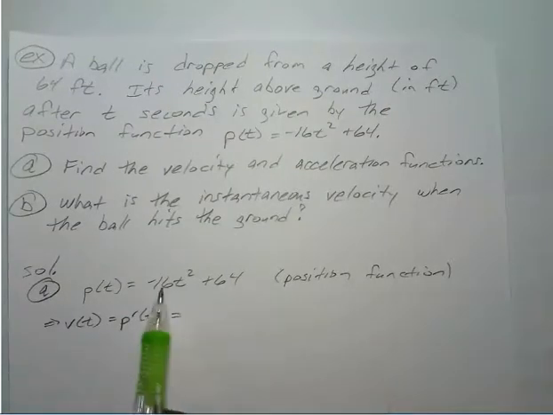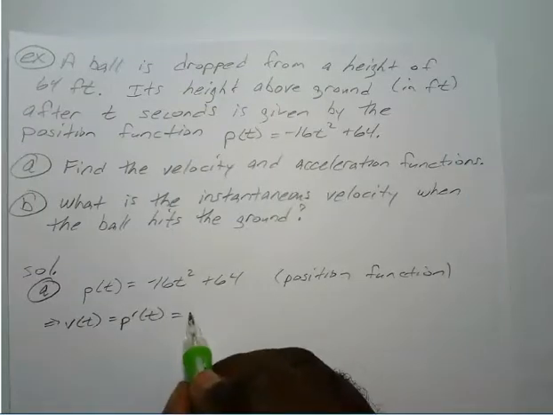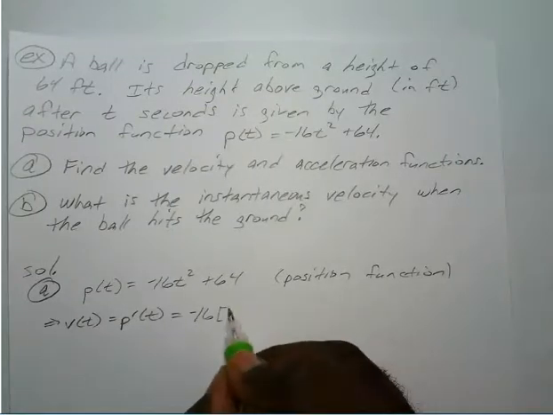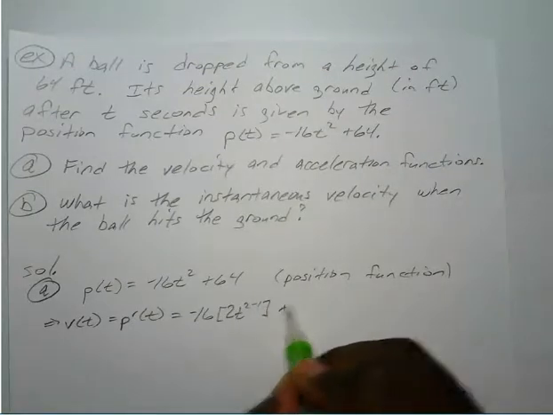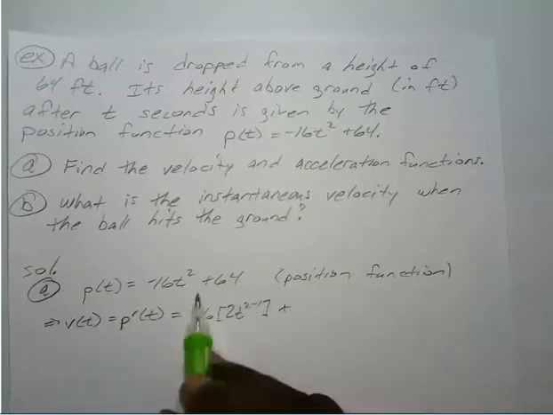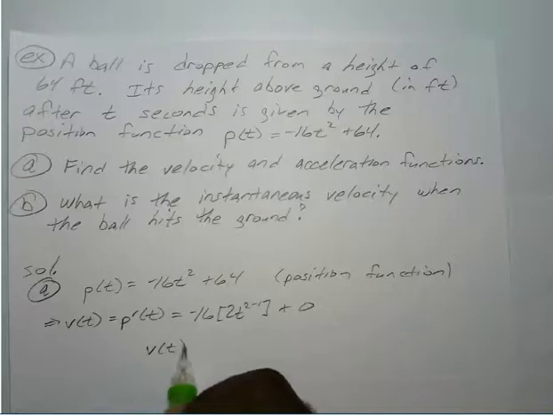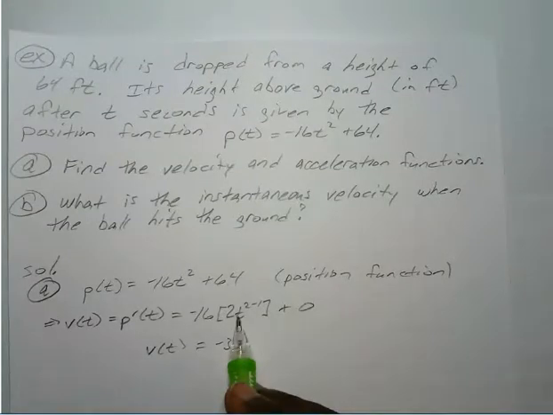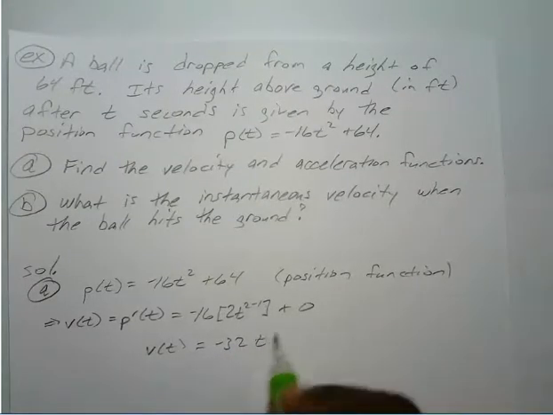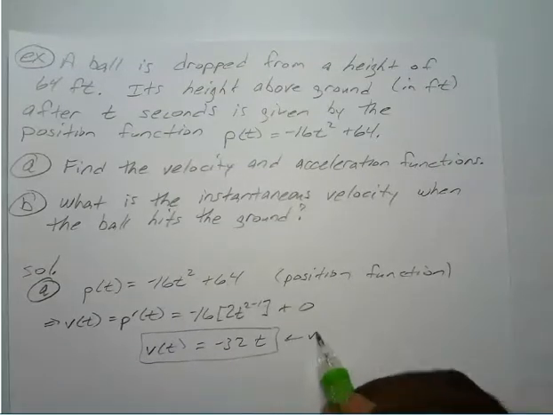So we have negative 16 times the derivative of t squared, which is t to the 2 minus 1, plus the derivative of 64, and the derivative of a constant is just 0. So that means your velocity function is equal to negative 16 times 2, which is negative 32, t to the 2 minus 1, which is just t. So this is your velocity function.